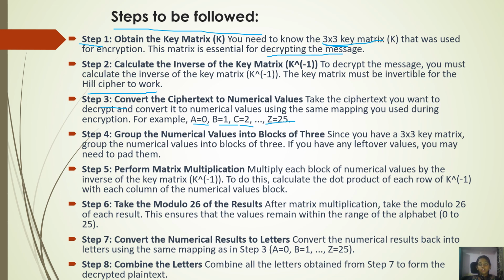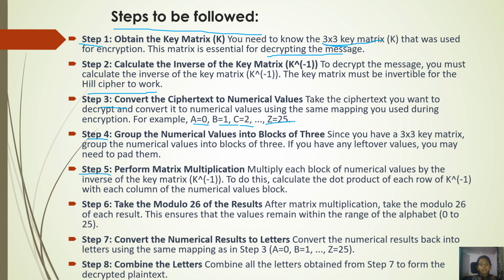In between, all other alphabets will also be mapped to numerical values correspondingly. Next, step 4: group the numerical values into blocks of 3. Since you have a 3 cross 3 matrix, group the numerical values into blocks of 3. If you have any leftover values, you may need to pad them.